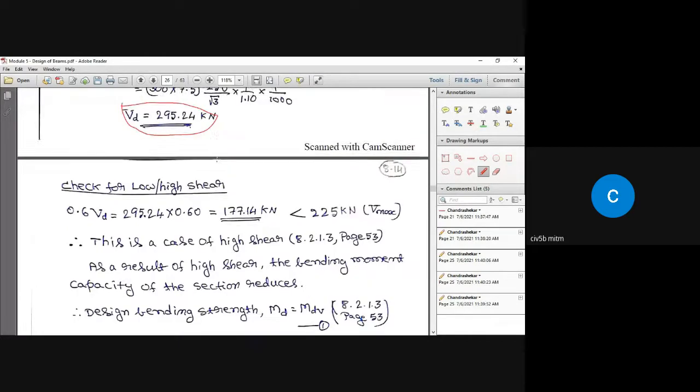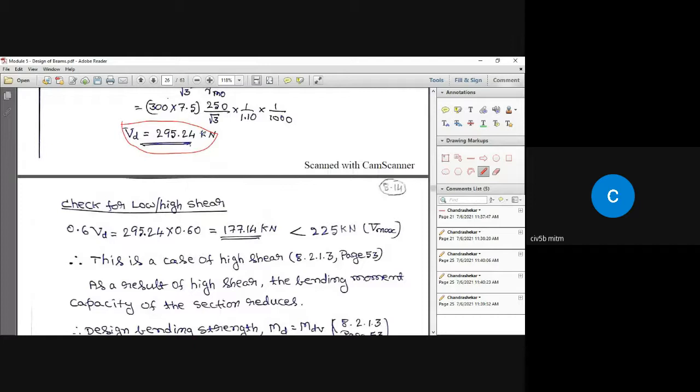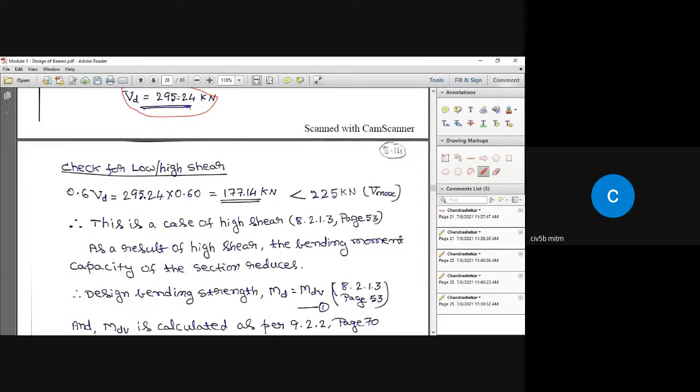The VD value 295.24 is again the same value from the previous example. Multiply that VD value by 0.6, and that value was 177.14 kilonewton. Compare that value with Vmax, the maximum shear force due to the external load, which I have imagined to be 225 kilonewton.